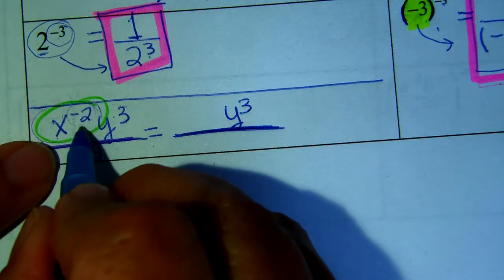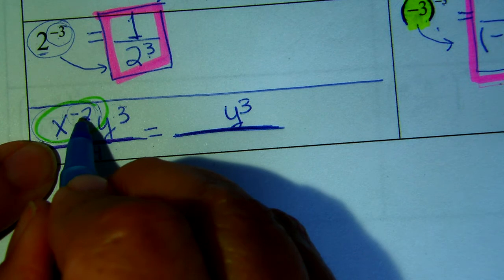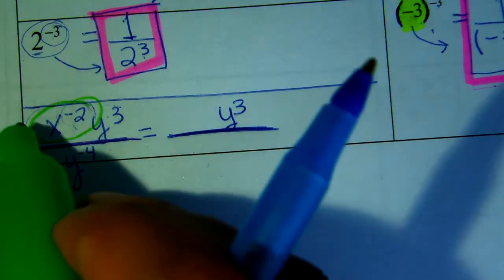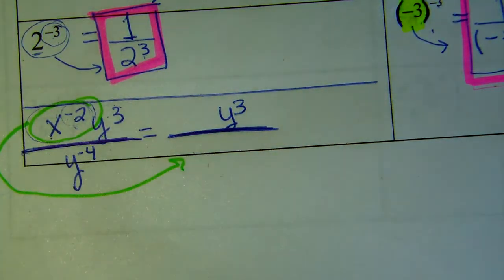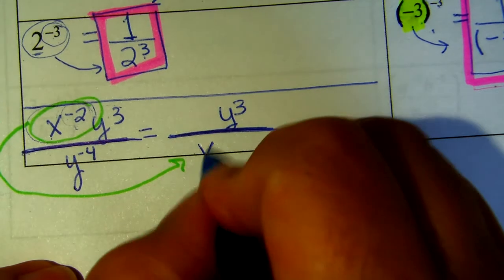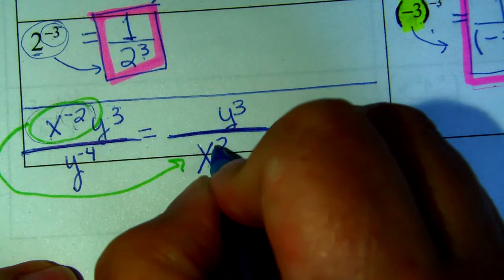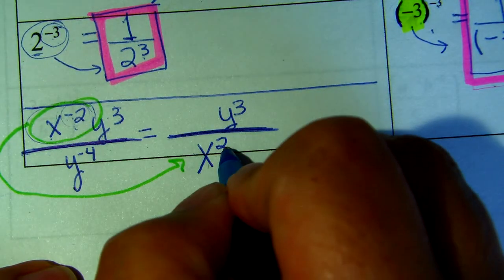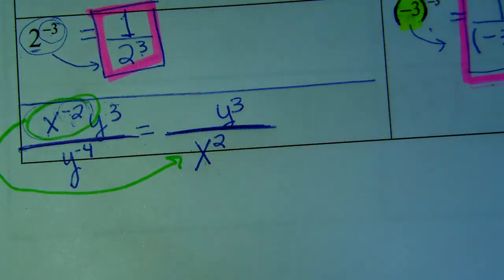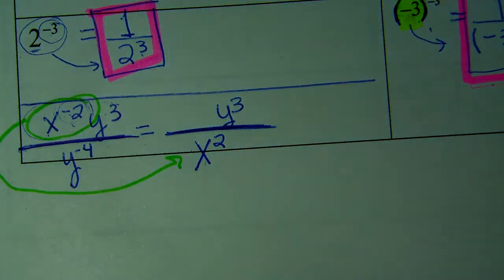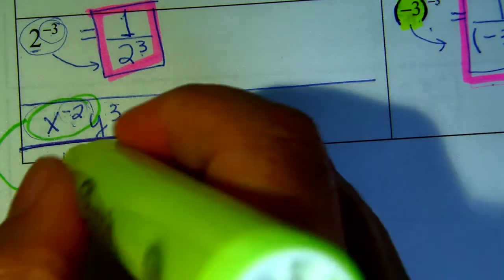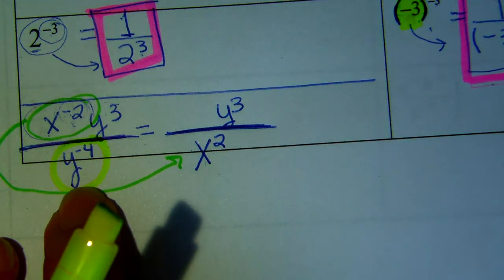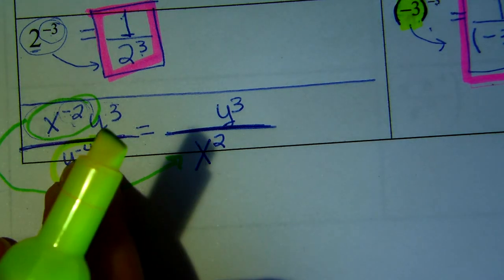But we don't want this negative guy. What do we do with it? We send it to the bottom. Over here, x to the power of positive 2. Now it's not a negative anymore. Now it's positive. But look at this guy over here. Let me use the yellow. Look at this one over here. This one is on the bottom as a denominator. It has a negative exponent.